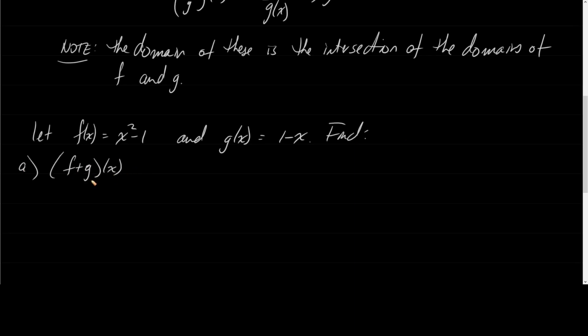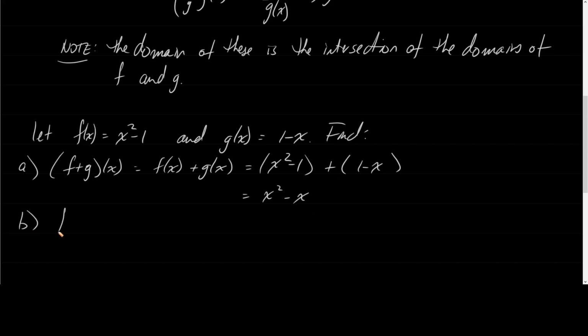Well, by definition this is really f of x plus g of x, which would be x squared minus 1 plus 1 minus x. Make sure you copy it correctly. So we have x squared and then minus x, and then the negative 1 plus 1 cancel each other out, so we end up with just x squared minus x.